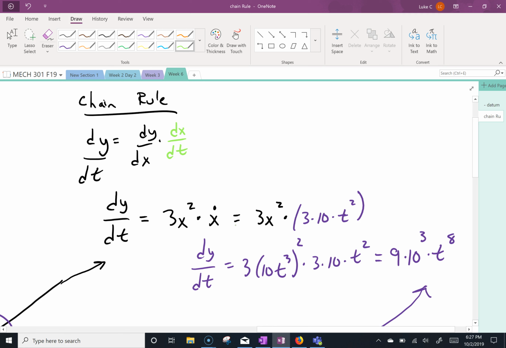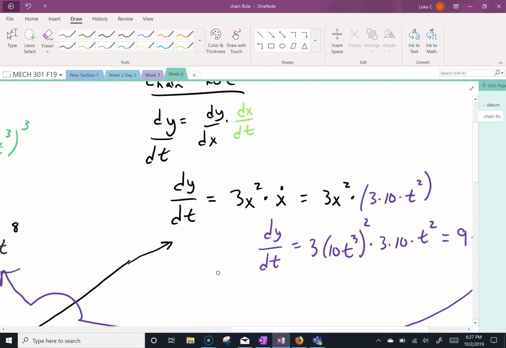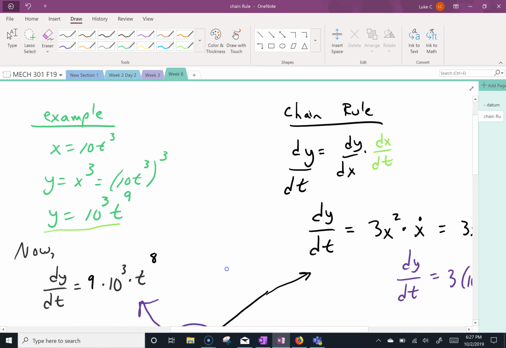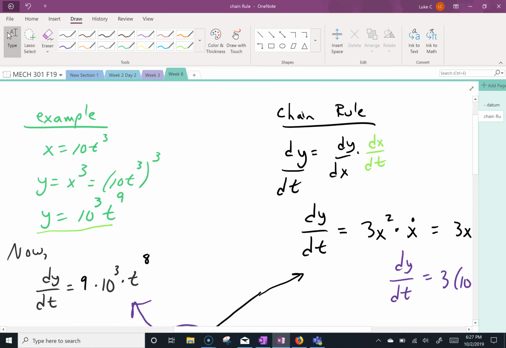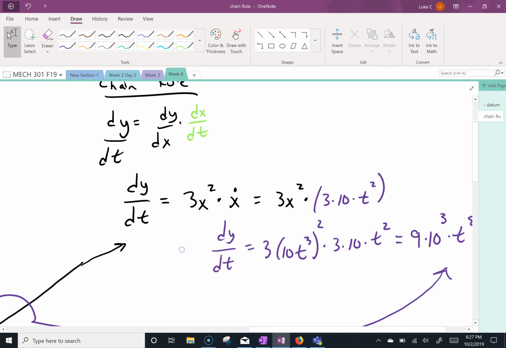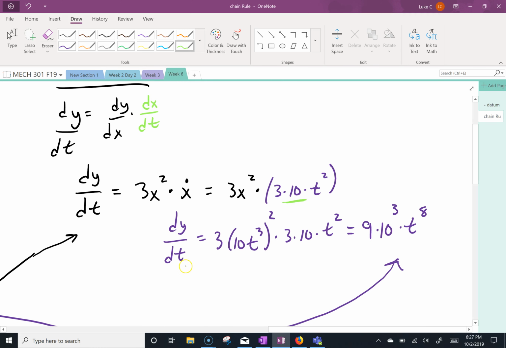So the derivative of x with respect to t is 30t squared, okay, which is right here. Down below in purple here, I basically plug in what x is, which is 10t cubed. I raise it to the 2, which now becomes 6t.